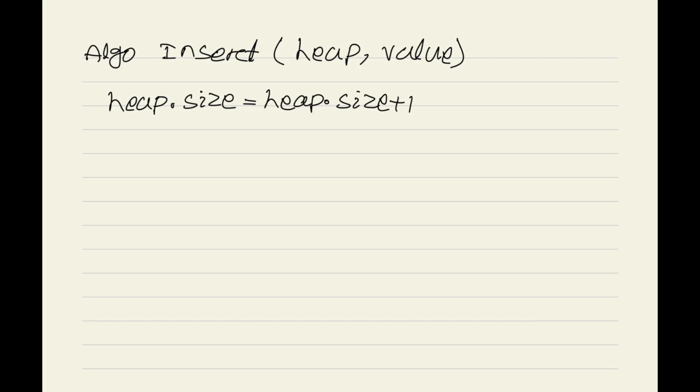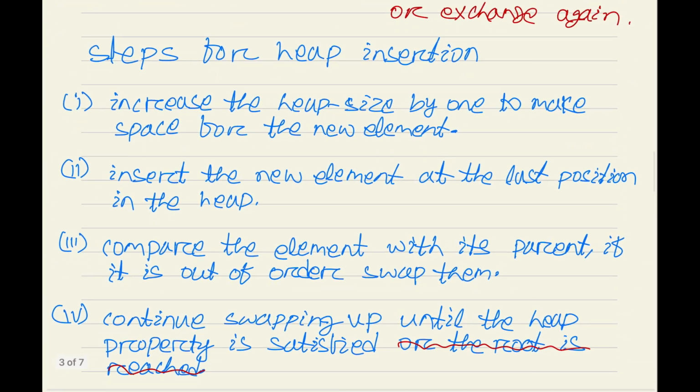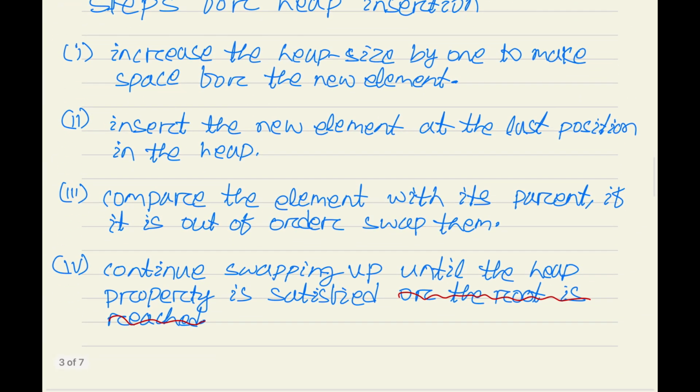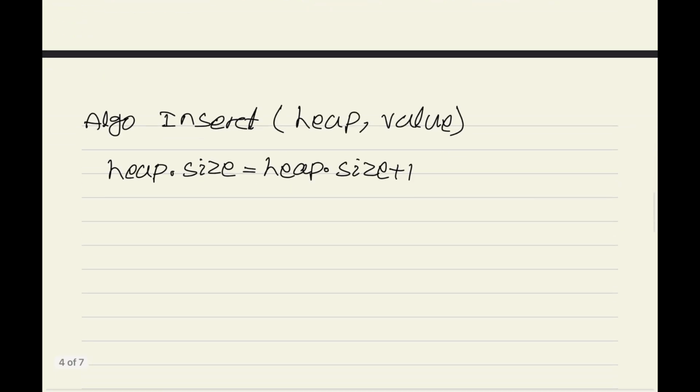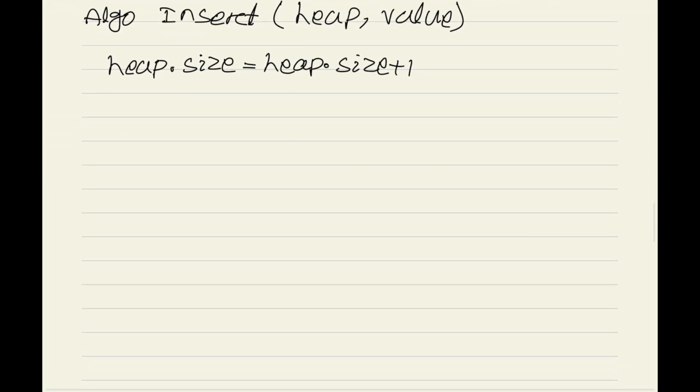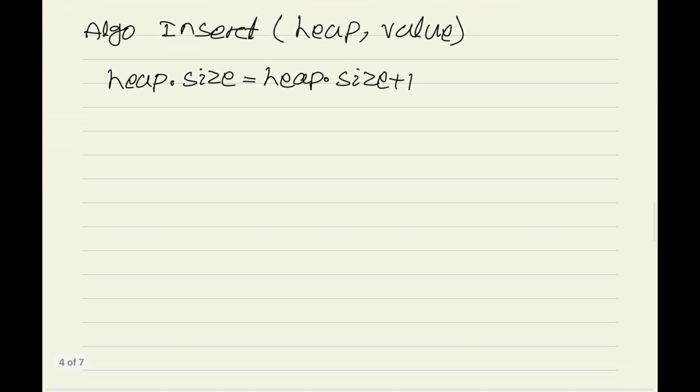Then what is the next step? Insert the new element at the last position of the heap. So assume I is the heap size. So first we increment the heap size by 1 and assume I is the incremented heap size.